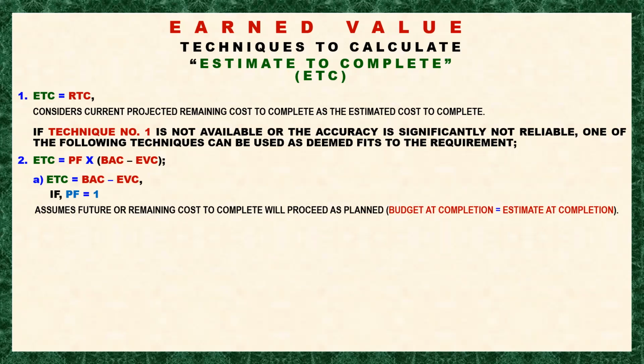But the question here is, how could this be supported convincingly compared to the first technique that we mentioned? The first one, the ETC is equal to the RTC. Maybe it is because the current performance report looks pretty good. Am I right?